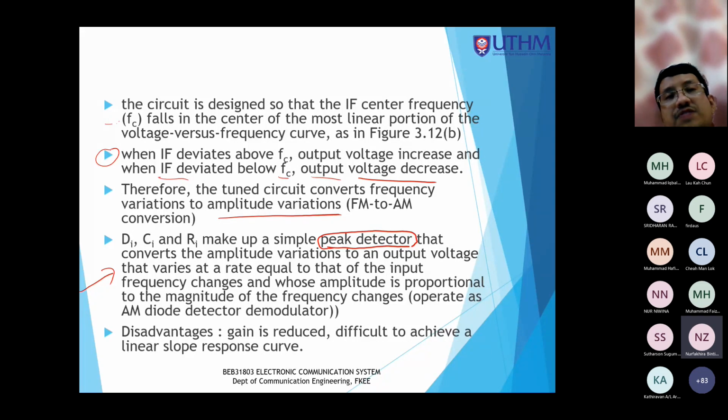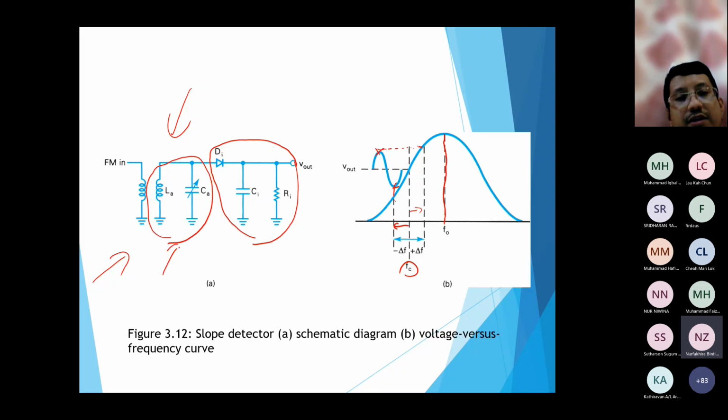Okay. So now once the tune circuit has converted frequency variation into amplitude variation, then we can do the demodulation process similar with the AM process. The tune circuit converts frequency variation input into amplitude variation at the output.